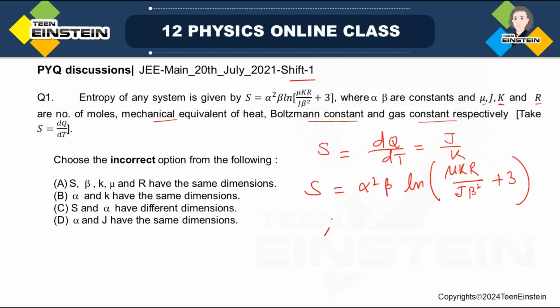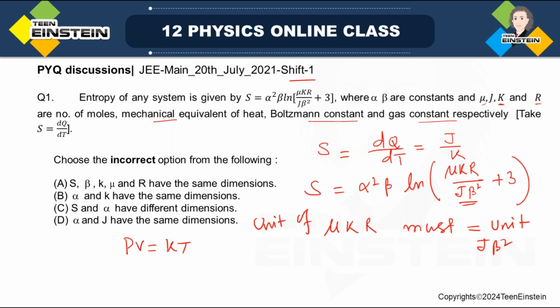That means the unit of this quantity must be equal to the unit of j beta square. Now look, what is this mu? Mu is mole, right? And k is Boltzmann constant. Actually, PV is equal to kT. From here I can say this k will be, since PV is the work done or energy, joule per Kelvin.